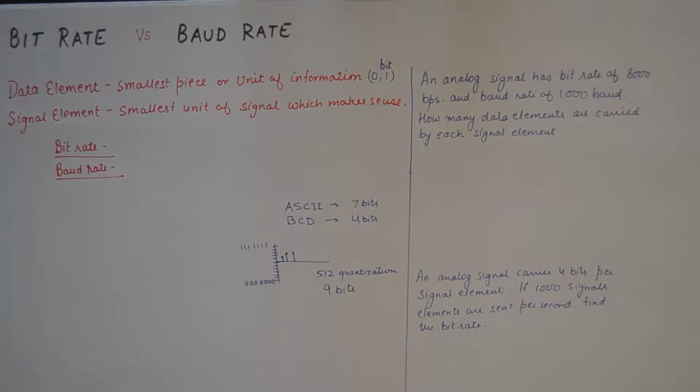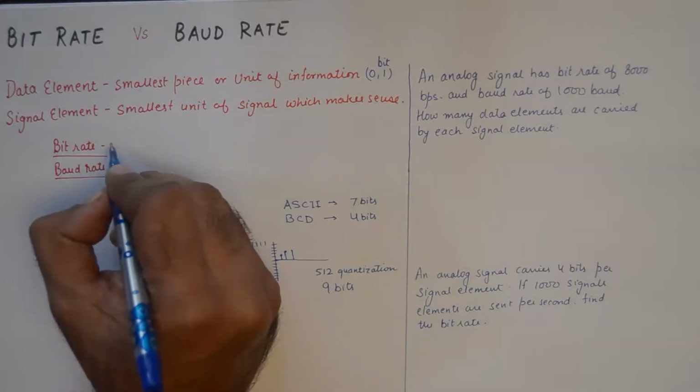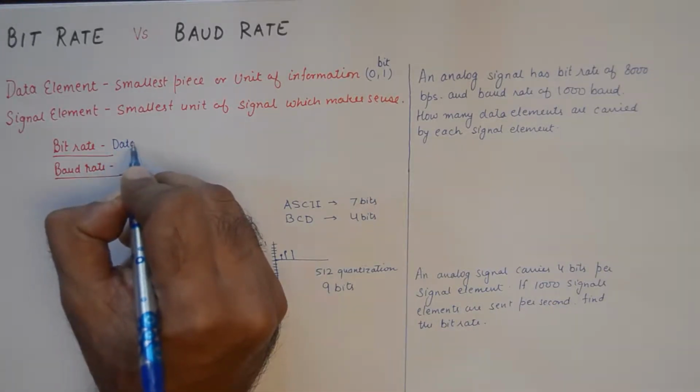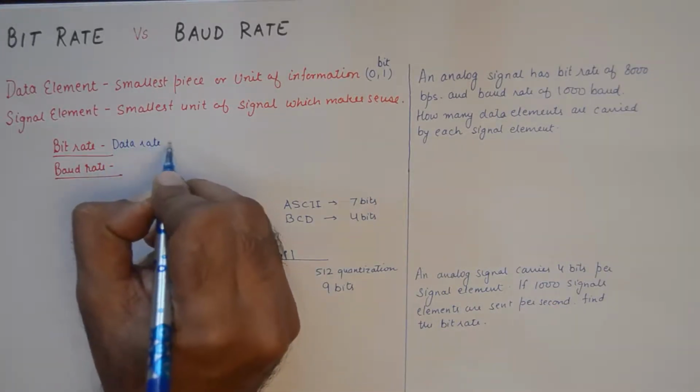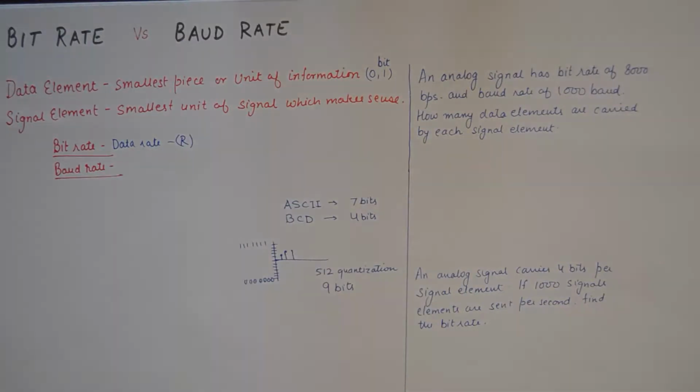So moving on to define bit rate and baud rate, we can say bit rate is the data rate, which is denoted by capital R, and it simply signifies how many bits are being transferred per second, not essentially the signal elements.